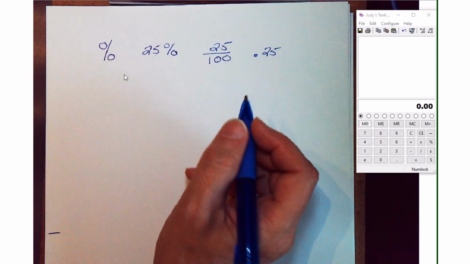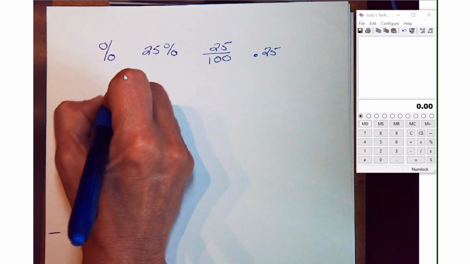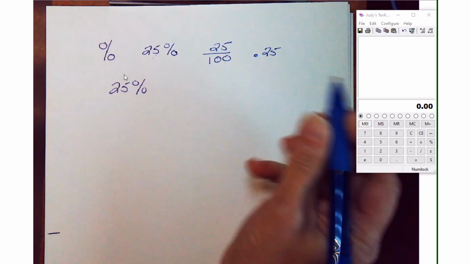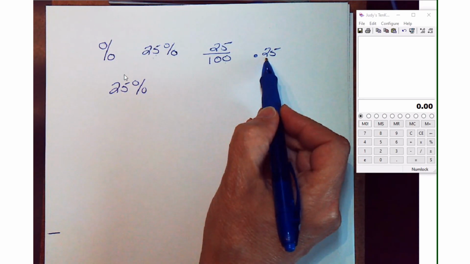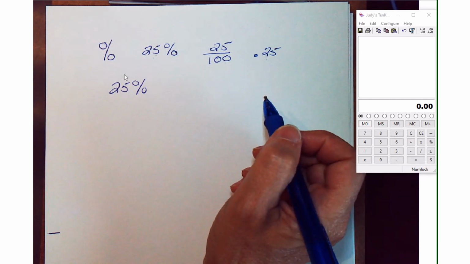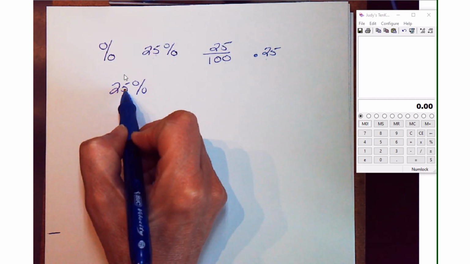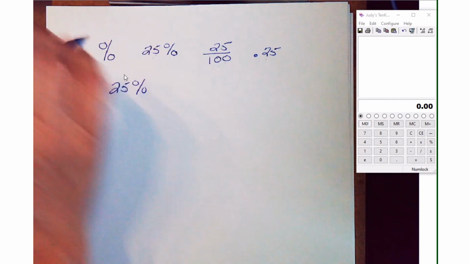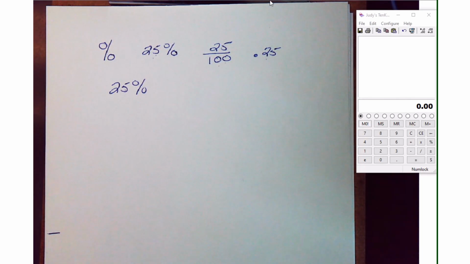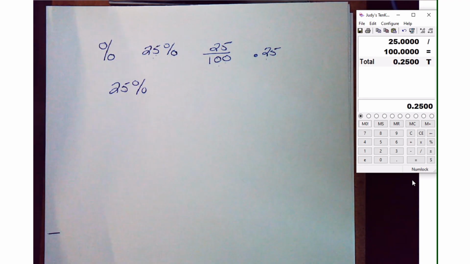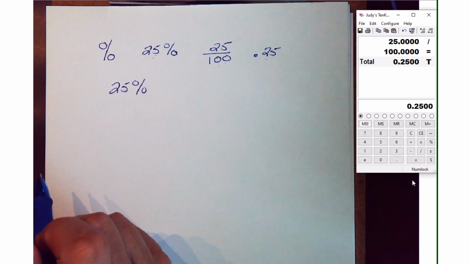So if I have a percent and I want to convert that percent to a decimal, one way is to divide the number by 100. So I need my 10 keys set to 4. So I would just take 25, divide by 100, and it's 0.25.